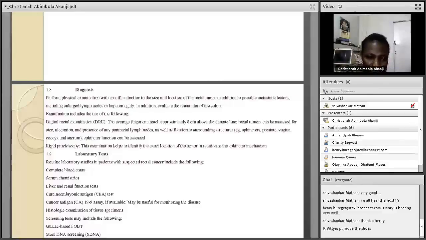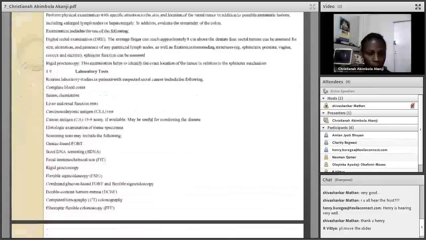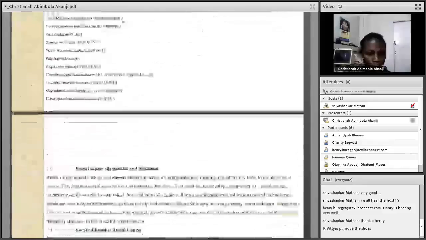In addition, evaluation of the colon. Examination includes routine laboratory studies in patients with suspected rectal cancer, including the following: we have complete blood count, serum chemistry, liver and renal function tests, and other ones.